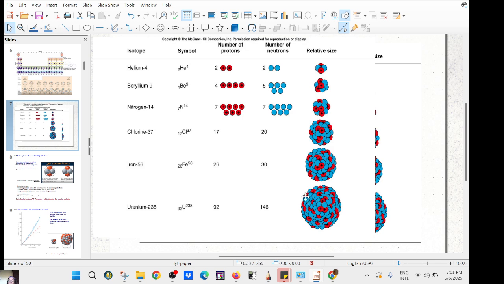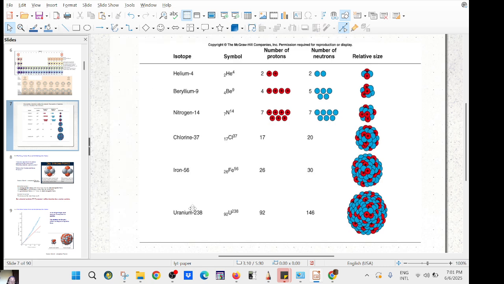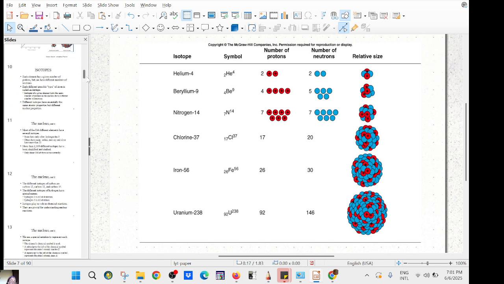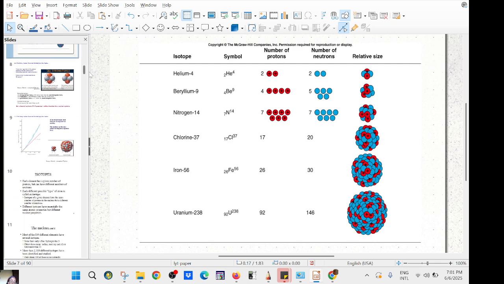So more and more neutrons have to be added. And then you get to uranium-238, and when a nucleus is unstable, it can break apart. There is a probability that it will break apart. And anything larger than uranium-238 will not be stable. So anyway, let's take an example to make it more clear.